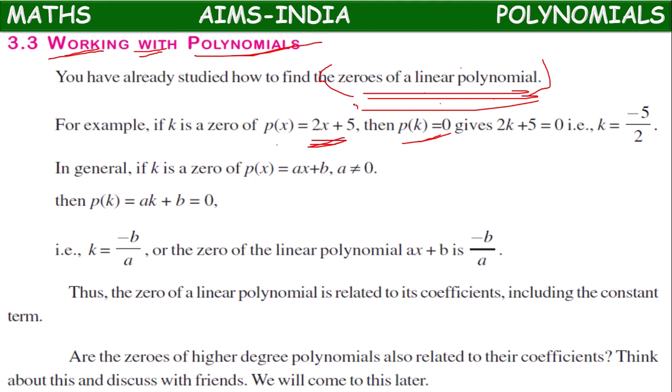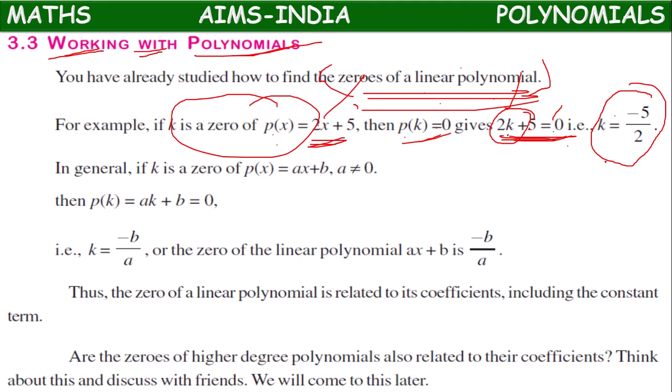What does it mean? If we keep k in the place of x, what will come? 2k plus 5 equals 0, because k is the zero of the polynomial, so the total expression value will become 0. Plus 5 will go to that side as minus 5, and 2 will come down. K equal to minus 5 by 2.